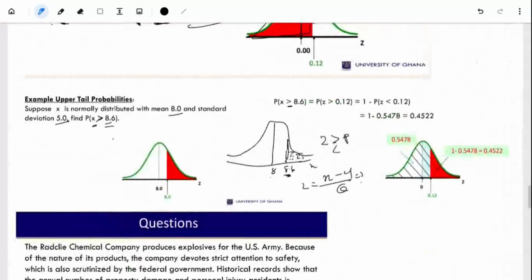So you can rewrite it as, when you solve for this, you're going to get 0.12 as we solved earlier. So the probability that z is greater than 0.12 is equal to 1 minus the probability that z is less than 0.12, because any probability that we find within the z distribution is for less than the z value, right?